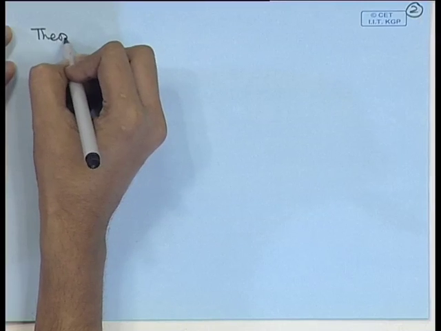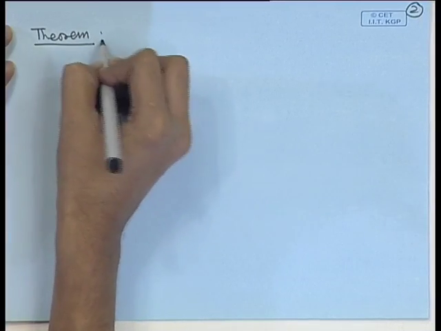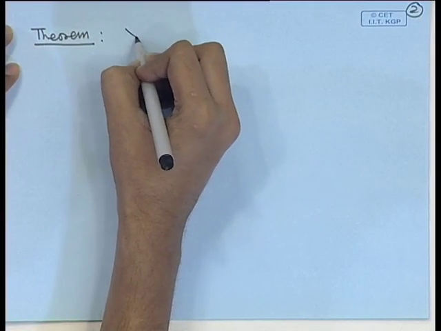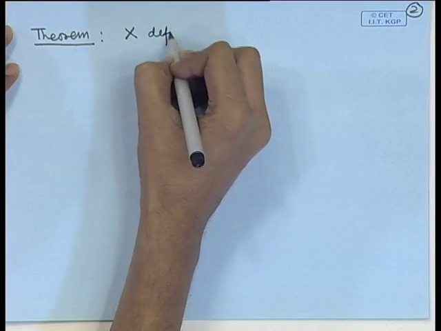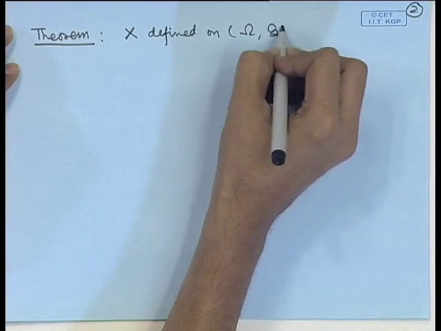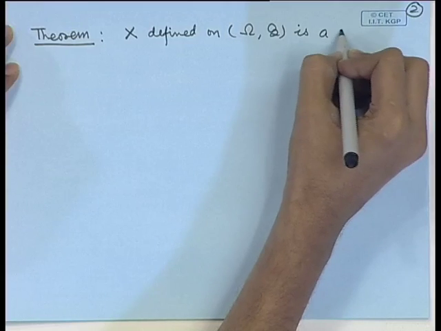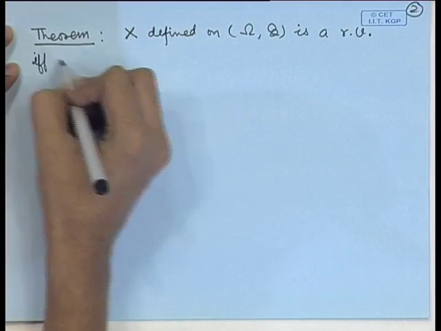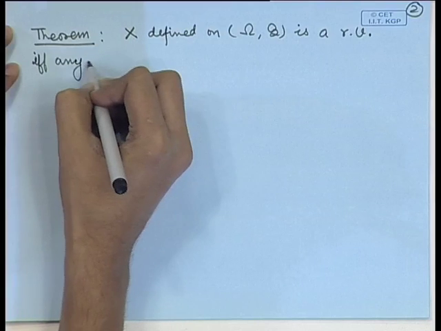An equivalent condition here is that we can state it in the form of a theorem. So, X defined on (Omega, B) is a random variable if and only if any one of the following conditions is satisfied.